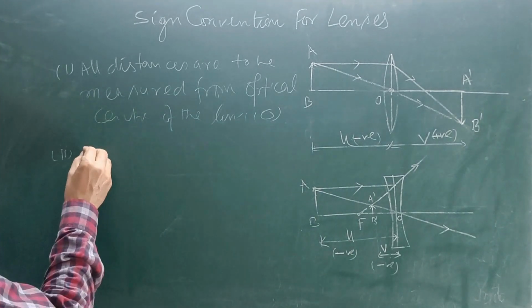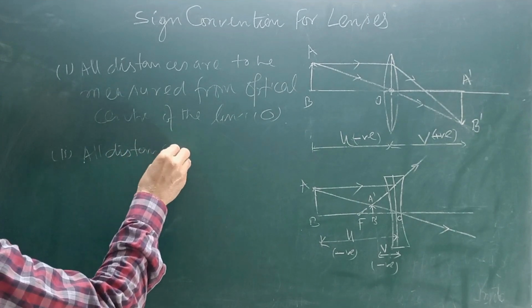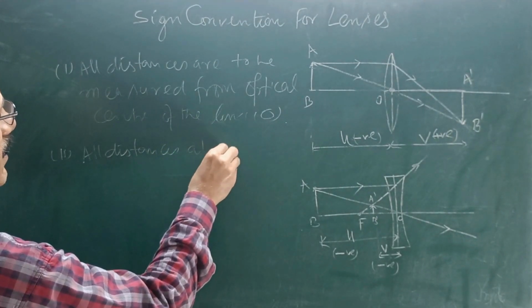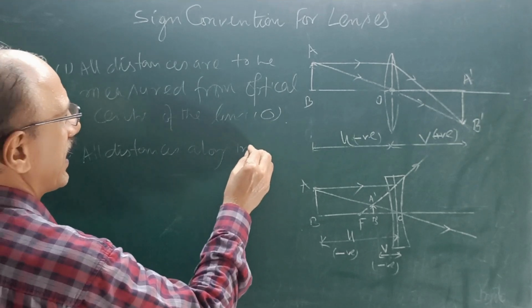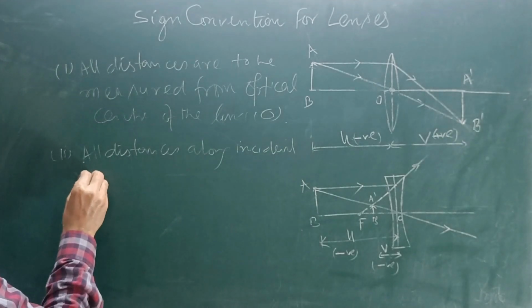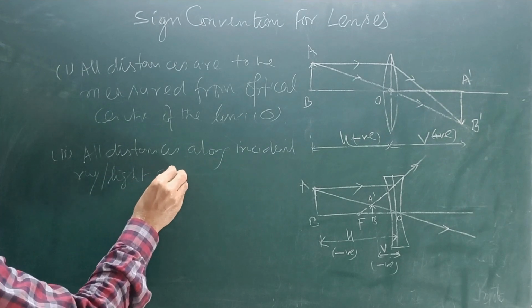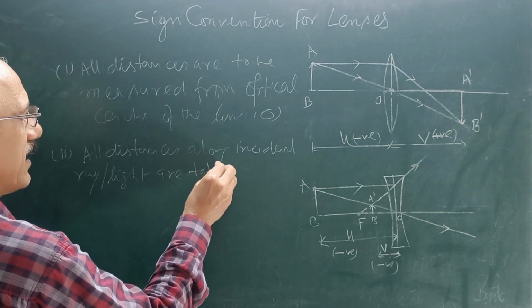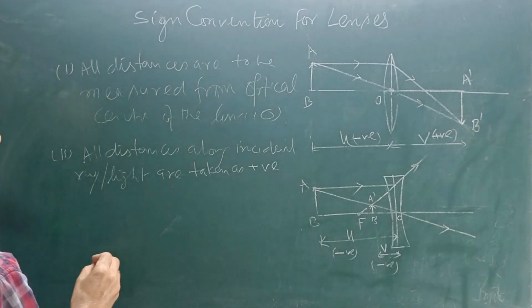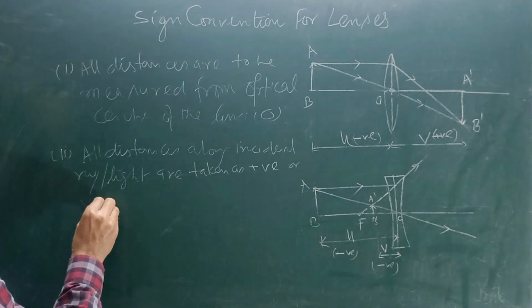So the second rule is, all distances along the incident ray or light are taken as positive, or vice versa.